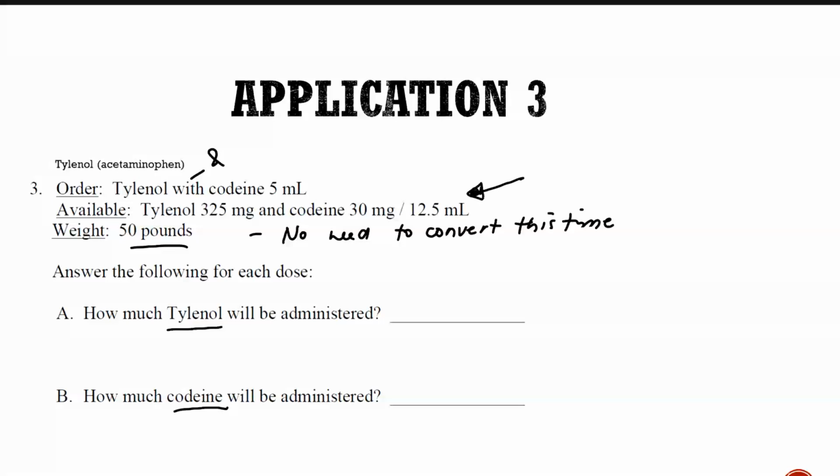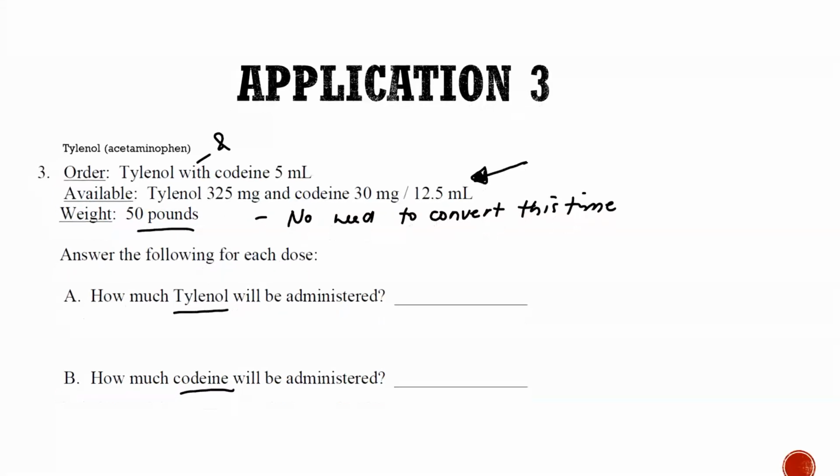First, how much Tylenol will be administered, then we also need to figure out how much codeine will be administered. So let's take a look at what's available for us. Tylenol, there's 325 milligrams in 12.5 ml, and codeine, there's 30 milligrams in 12.5 ml, and the order is to give 5 ml. So it's asking us, if we're giving 5 ml, how much of each medication is in that amount of drug?